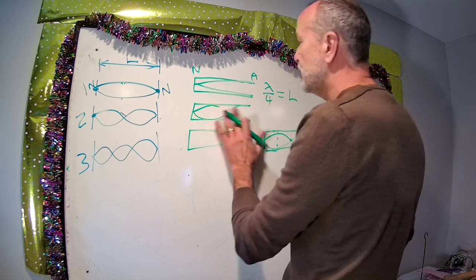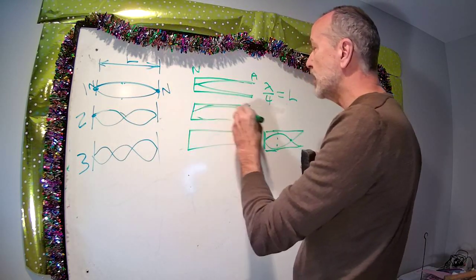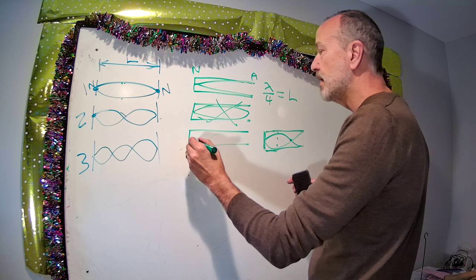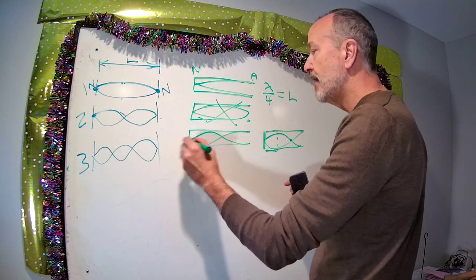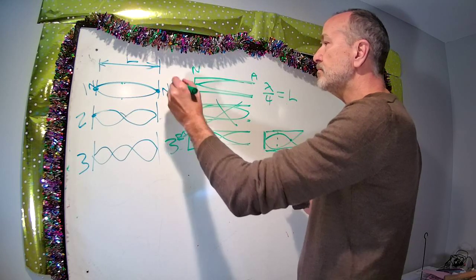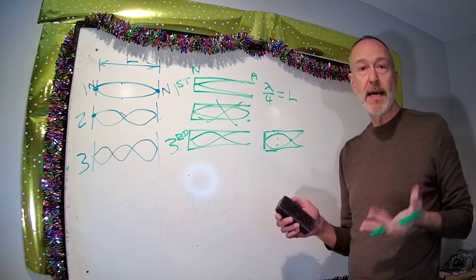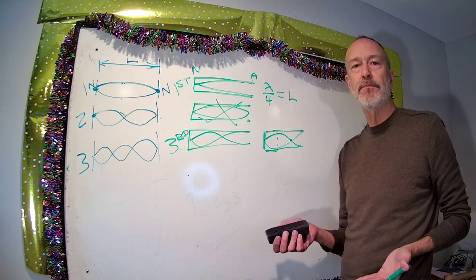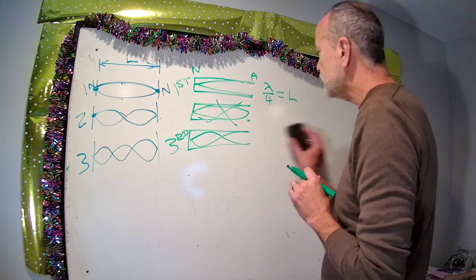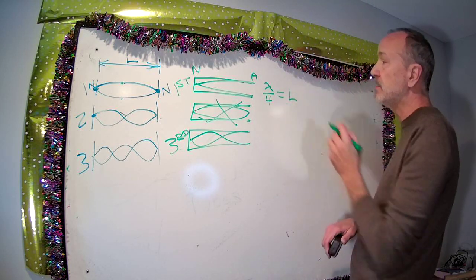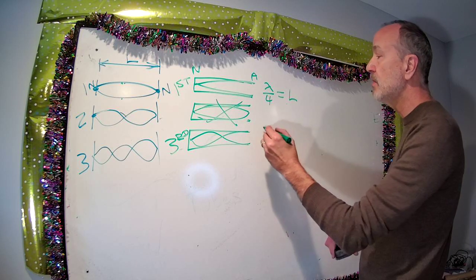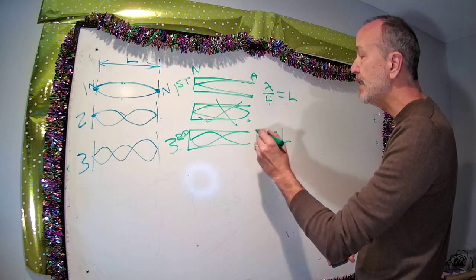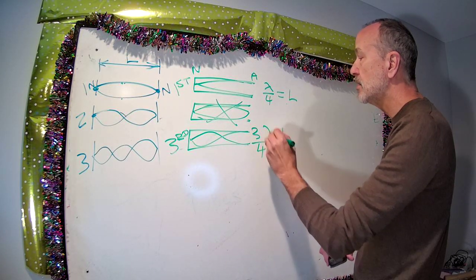Okay, let me do it this way. Let me draw this. The second harmonic would look like that, but it does not exist because that's not an antinode there. So we come up here and we draw like this, and there's your third harmonic. So even harmonics don't exist. Only odd harmonics exist. Even harmonics can't form. So if that length is lambda over 4, this length is going to have 1, 2, 3 quarter wavelengths in there.